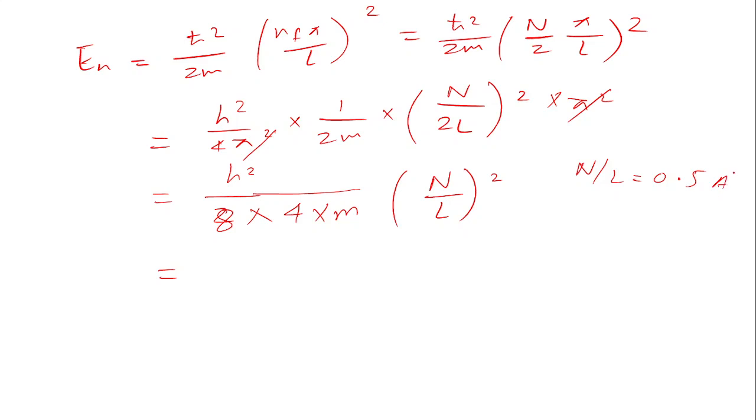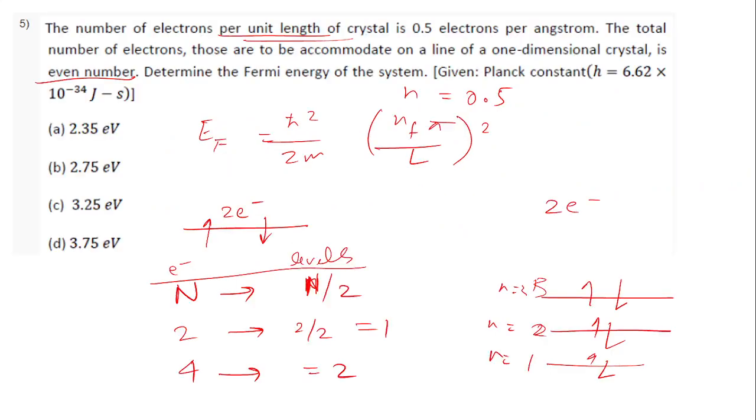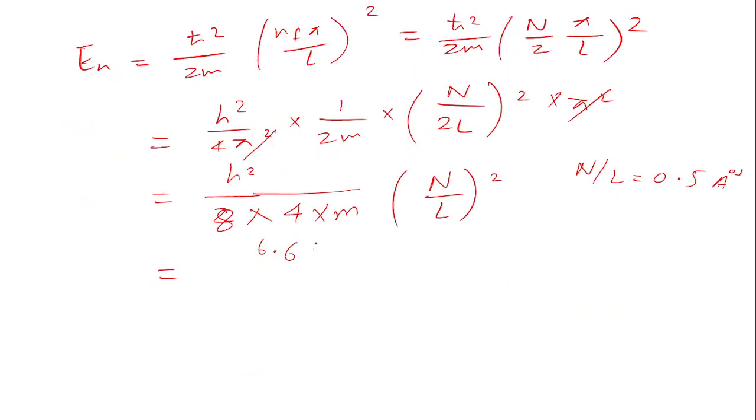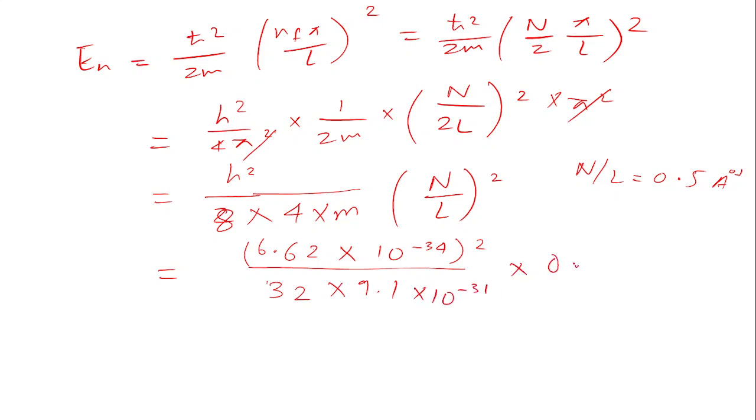N by L was 0.5 per angstrom, right? So EF will be, after putting in all the values, h is 6.62 times 10 to the power minus 34, whole square, divided by 8 times 4 times 9.1 times 10 to the power minus 31, times 0.5.